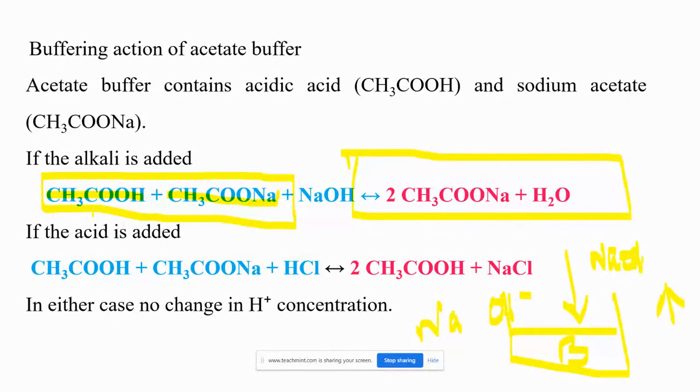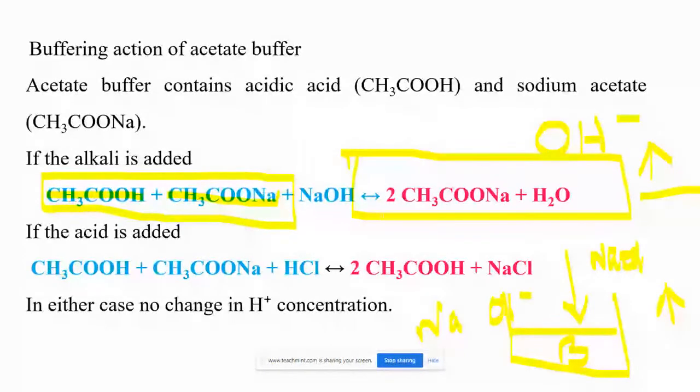So we have added sodium hydroxide to the acetate buffer. If on the product side you get free OH minus ion, then that increases the pH. We already know if you add alkali, definitely that increases the pH.